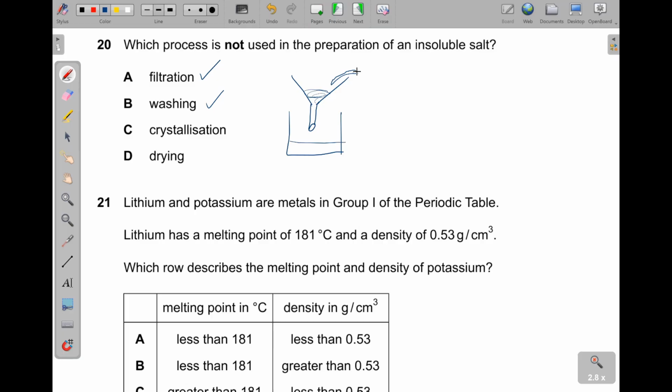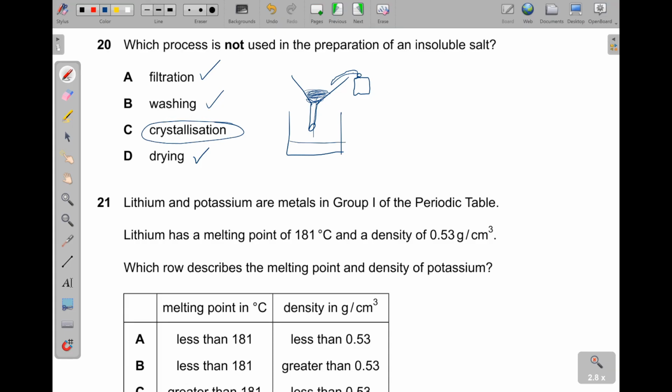When you pour water here, that means you're going to remove whatever dissolved substances are still on this residue. You pour there such that it goes through and everything is now gone inside here. So there is washing, then there is drying. After here you dry between the filter papers.